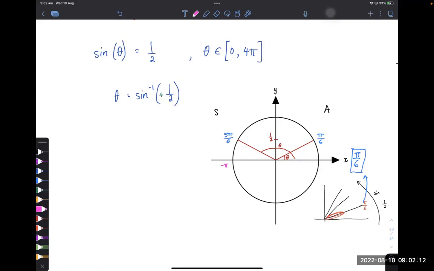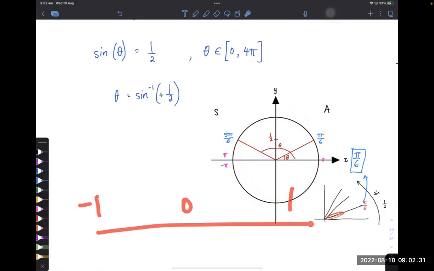The other thing as well is I'm going to go between negative pi to pi, okay? Why do I choose negative pi to pi? Usually we would go from 0 to 2 pi for our base solutions. But going negative pi to pi makes it easier because the numbers are between -1 and 1.